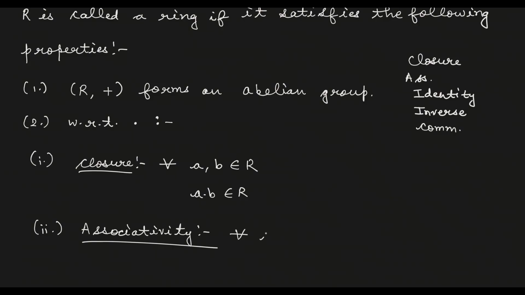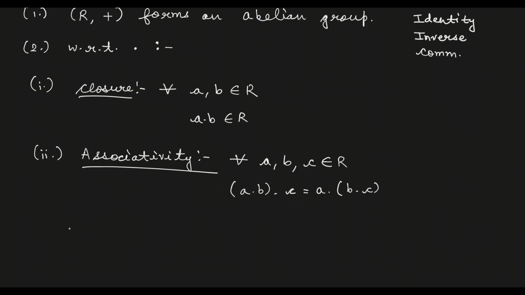For all a, b, c belongs to R, if I multiply a into b, then it is multiplied by c, or if I multiply b and c first and then it is multiplied by a, it should be same.